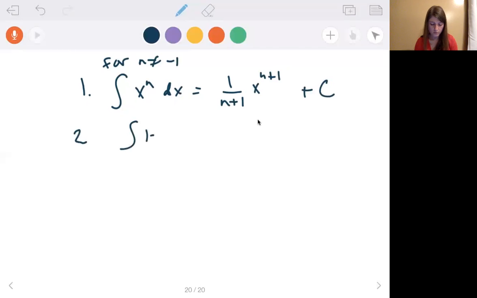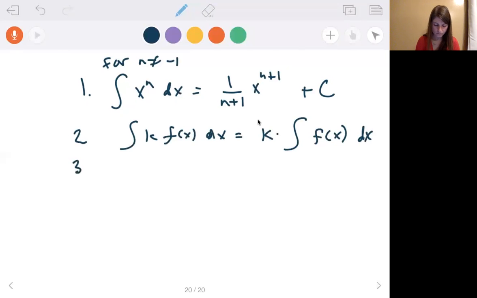Constant rule: pull out your constants. Let's see, we listed the 1 over x rule next. And then our exponential rule.